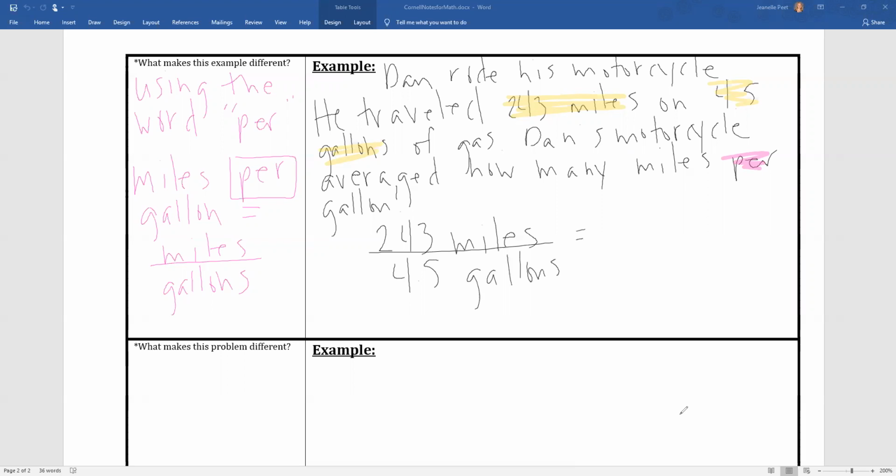Once I perform the division, I'm going to end up with 54 miles per gallon. Okay.